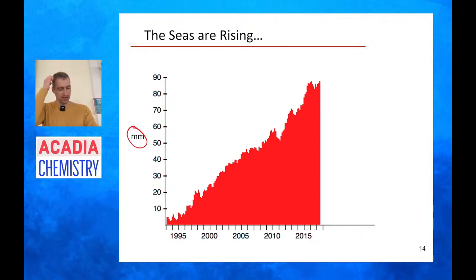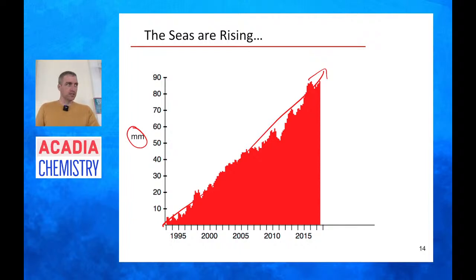So 90 millimeters is basically the amount that the sea level has risen in the last, I don't know, 25 years, which is a very, very short period of time on a historical scale, or certainly a geological scale. It's like a blink of an eye. And certainly we can predict again what the trend is going to be going forward if nothing changes.